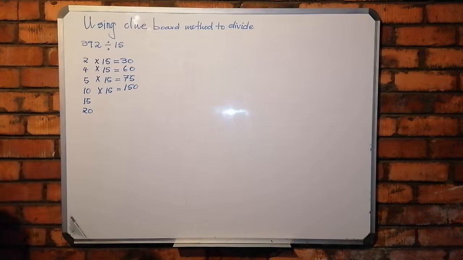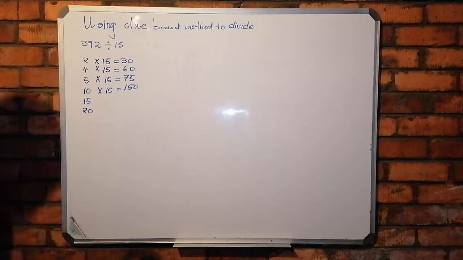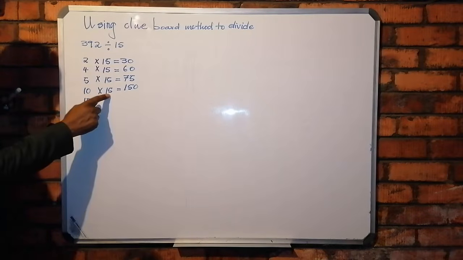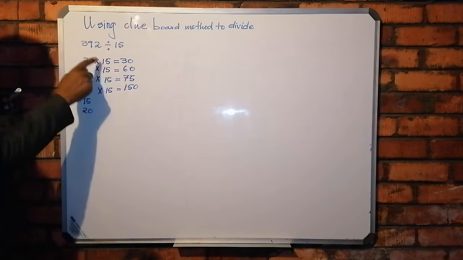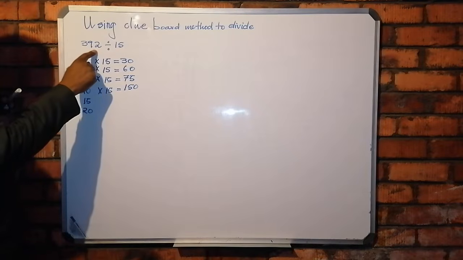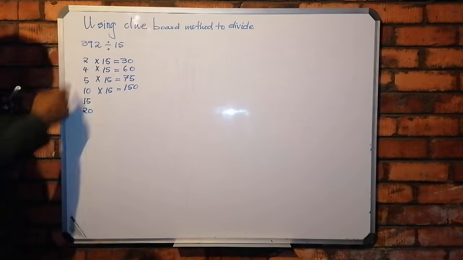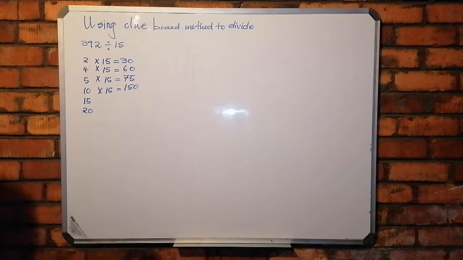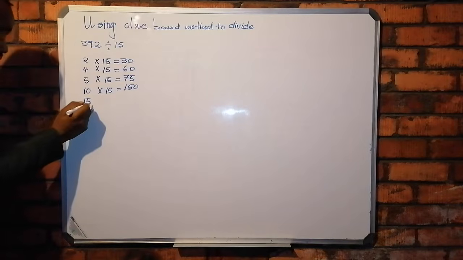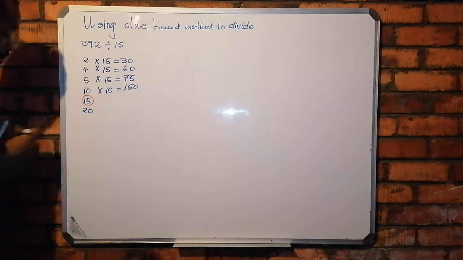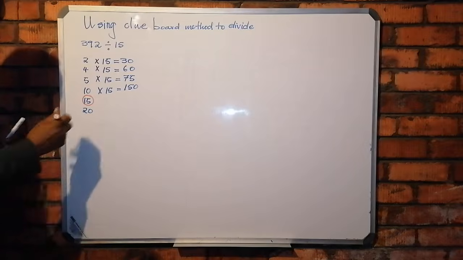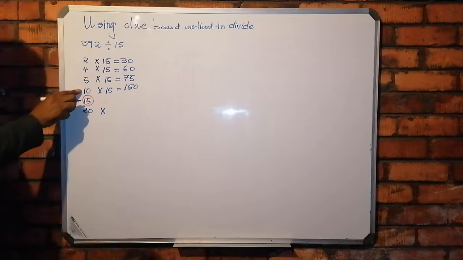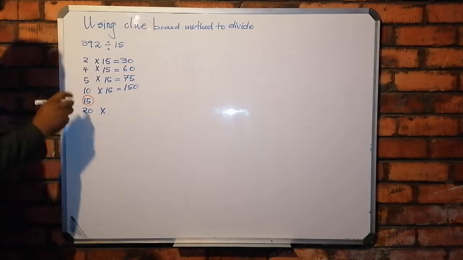Now, what I do is, because I can see that 10 times 15 is 150, I want to get close to that 392. What I do is I skip this one. Then I take 20 because 20 is twice 10.